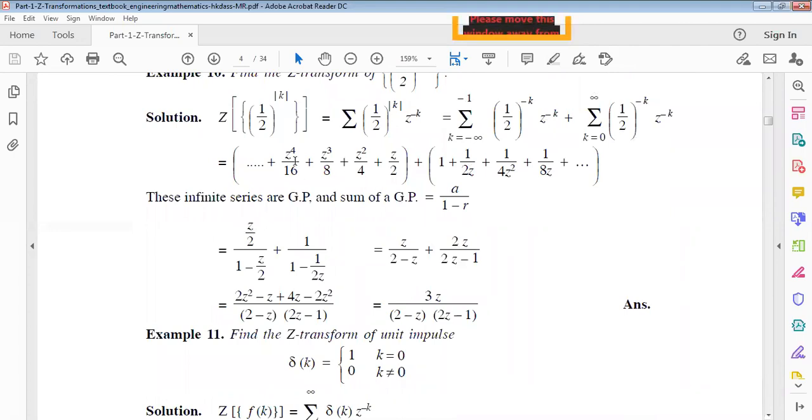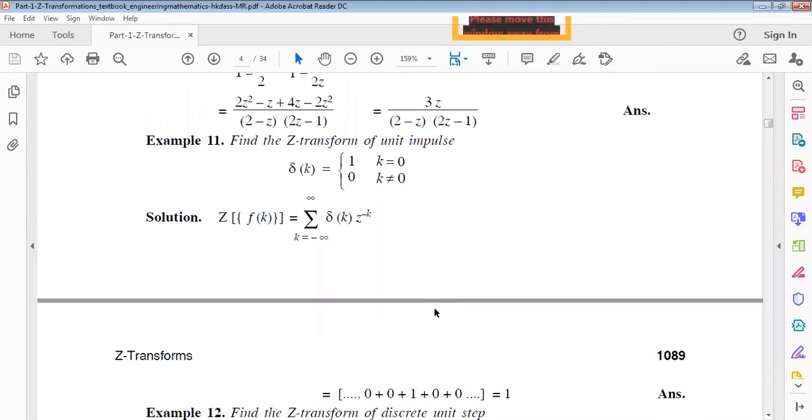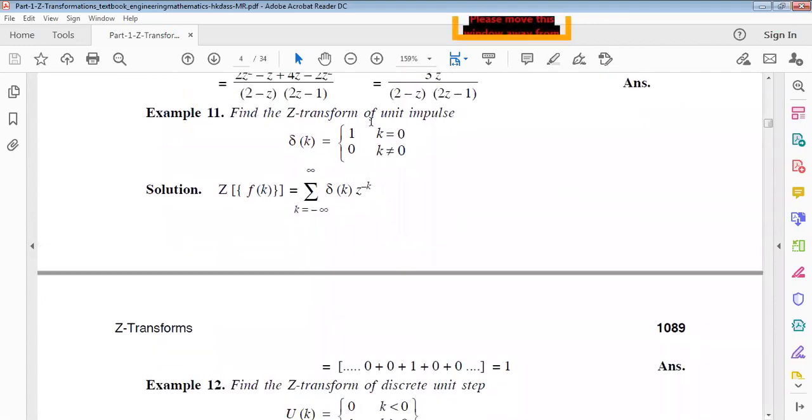First term divided by 1 minus common ratio for the first series, plus first term divided by 1 minus common ratio for the second series. The common ratio in a geometric progression means the second term divided by the first term. Then taking the common factor and the least common multiple, we get this one. This is the required result. Similarly, we can find this one also.